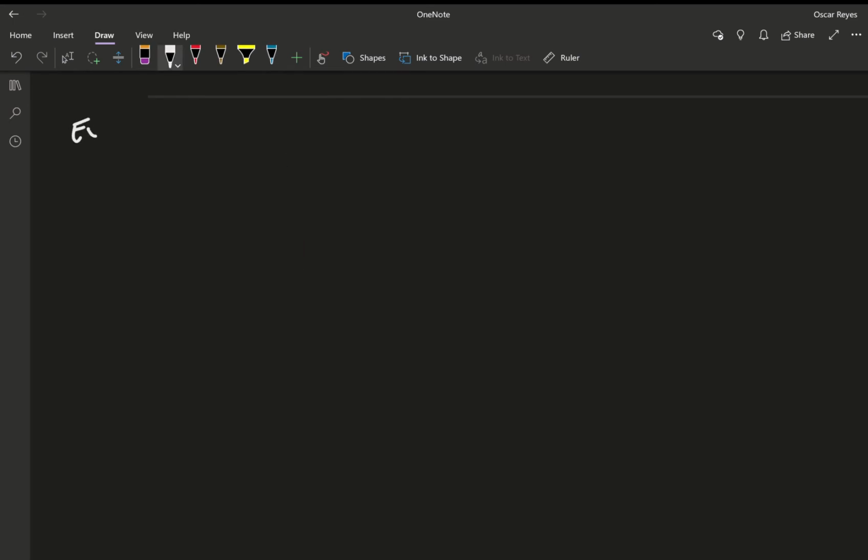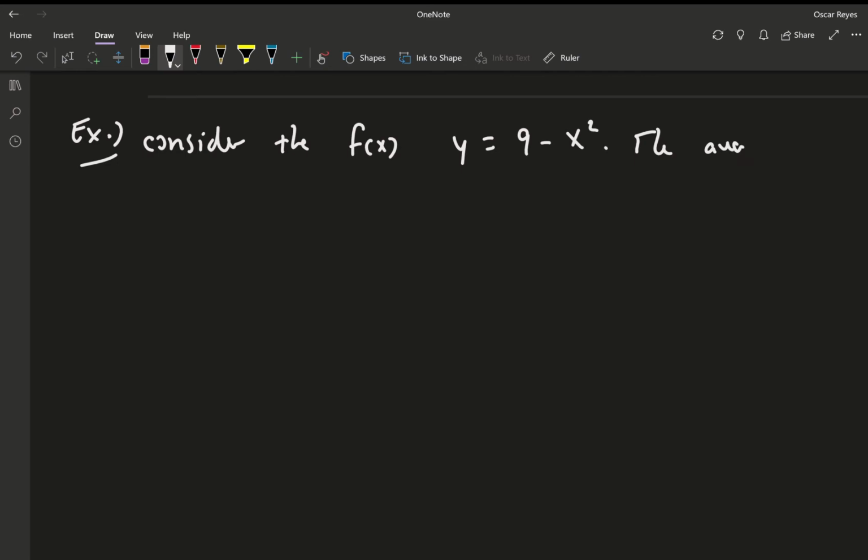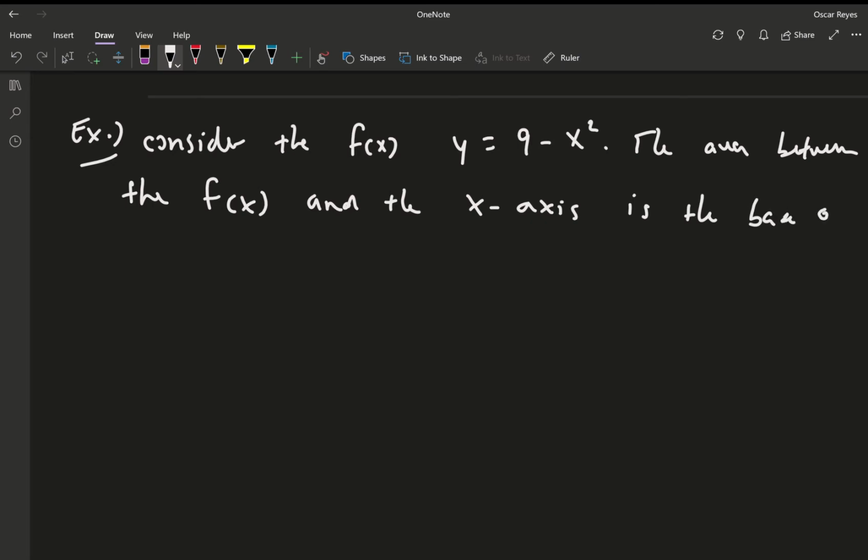Consider the function y equals 9 minus x squared. The area between the function and the x-axis is the base of a solid.